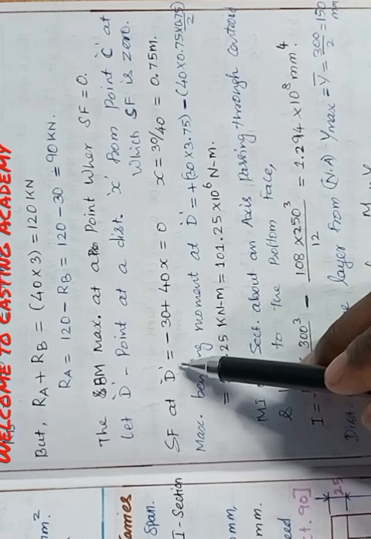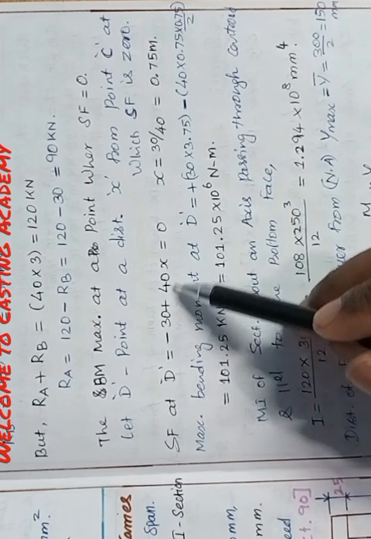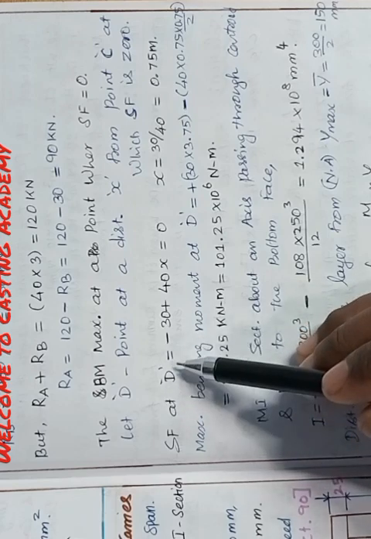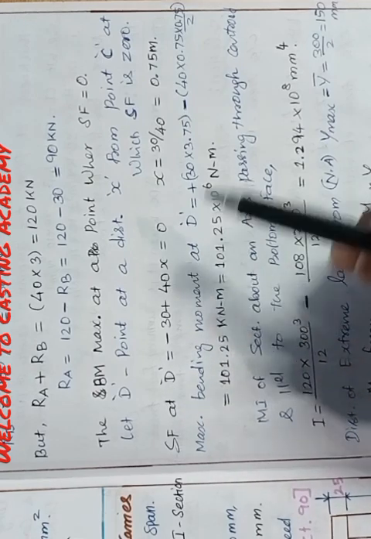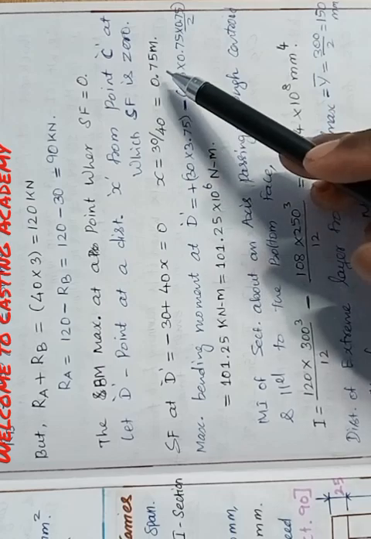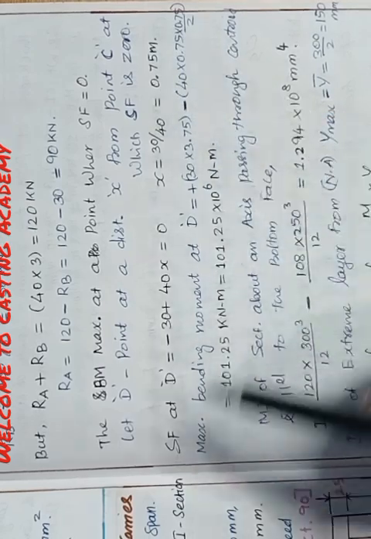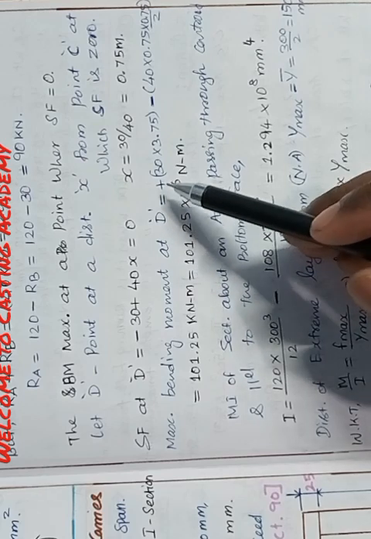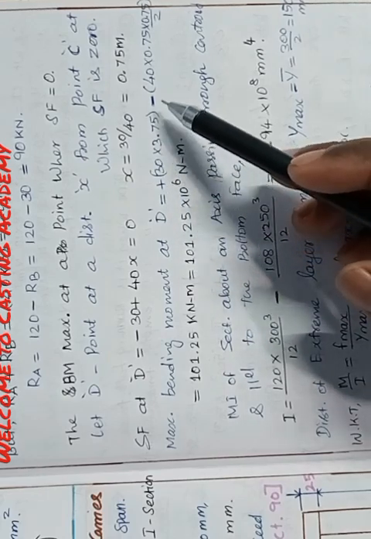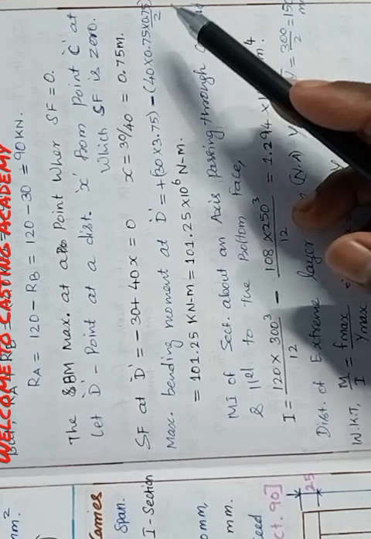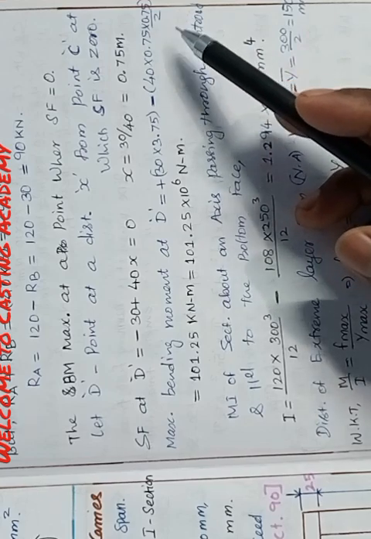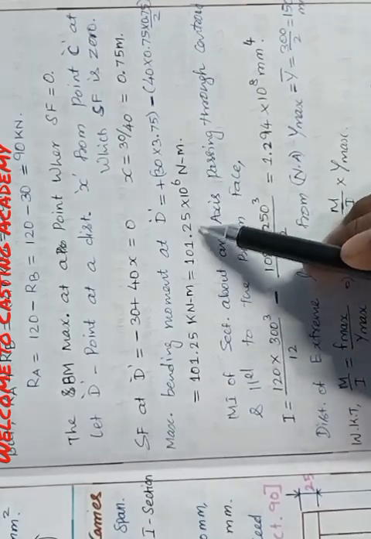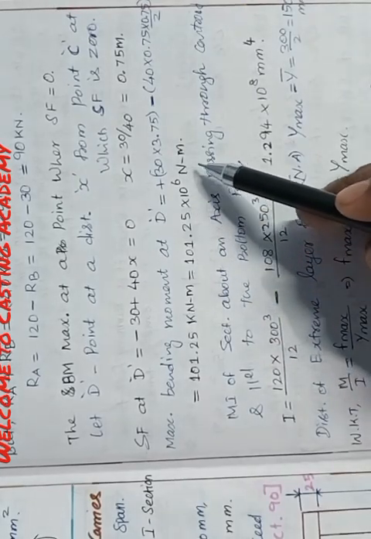SF at D equals minus 30 plus 40x, equated to 0. So x equals 30 divided by 40, equal to 0.75 meter. Maximum bending moment at D equals plus 30 into 3.75 minus 40 into 0.75 into 0.75 divided by 2. So we get the value of 101.25 into 10 power 6 Newton mm.